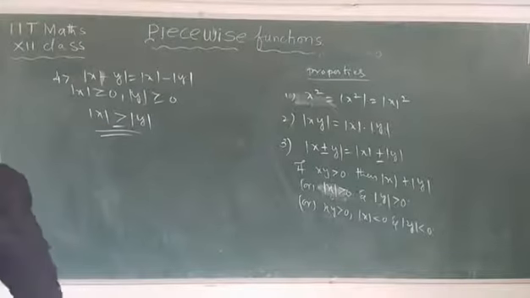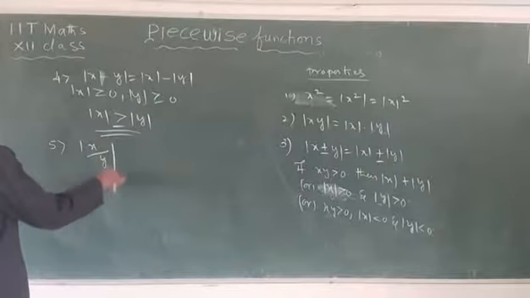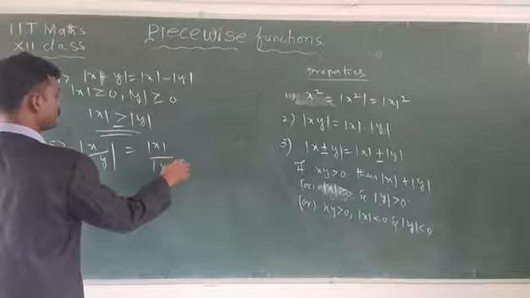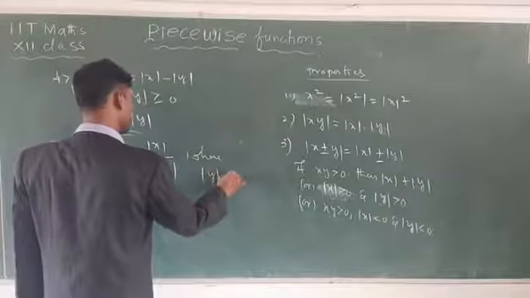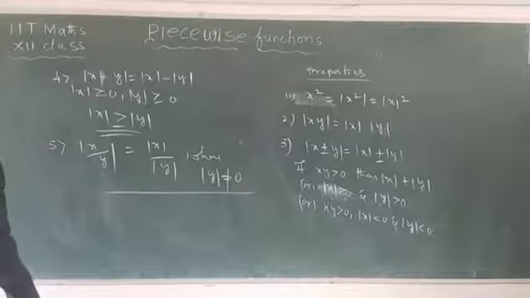Next one is modulus of x by modulus of y, where modulus of y is not equal to 0. These are the properties. Note down.